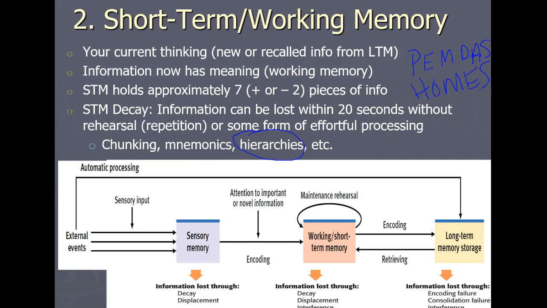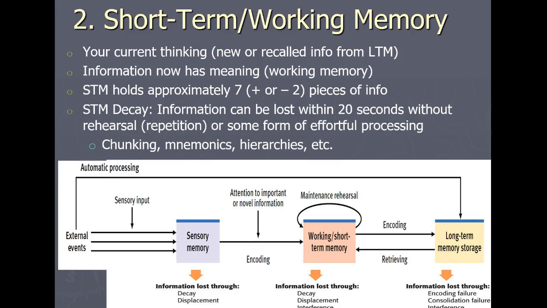So chunking is also something that we do. And chunking is just kind of grouping information together to reduce the number of pieces. A lot of times people will do this if they recite a phone number to themselves.